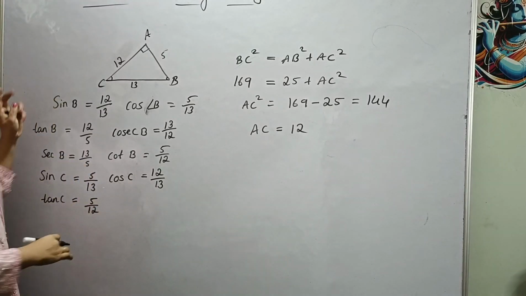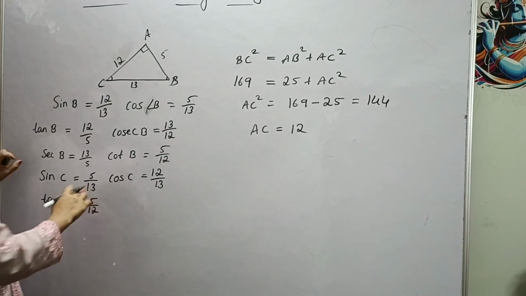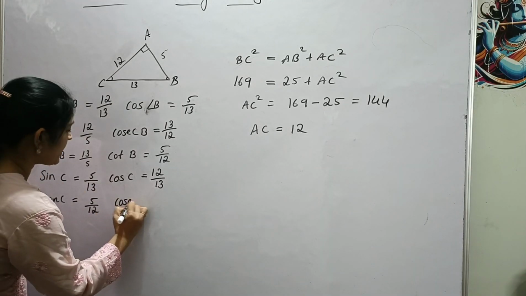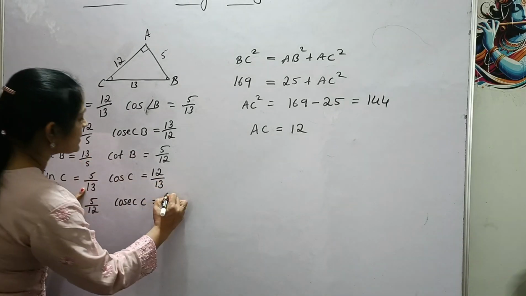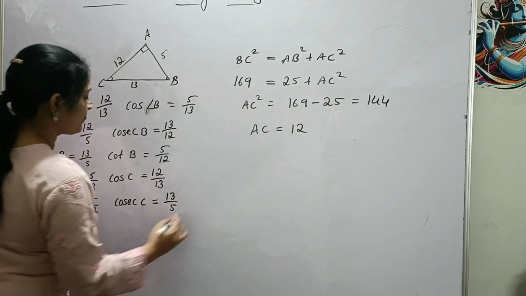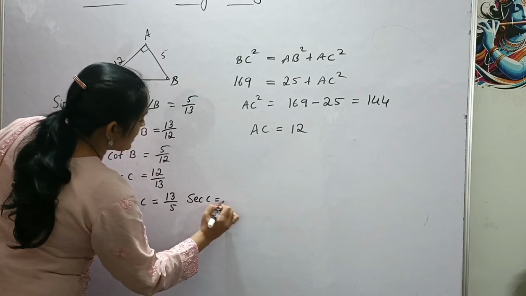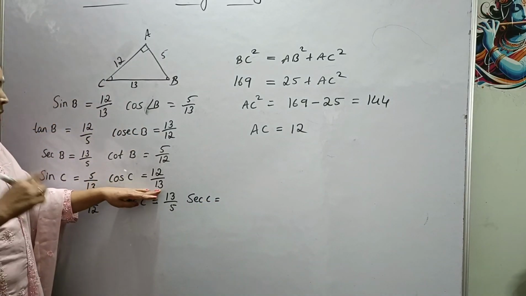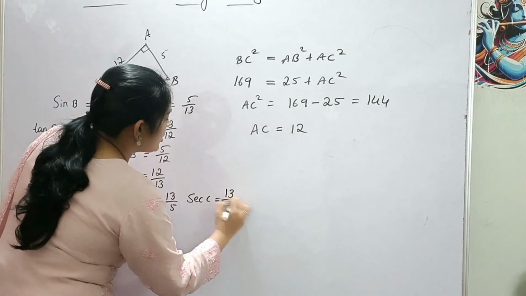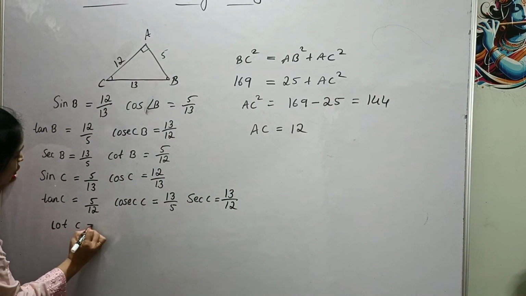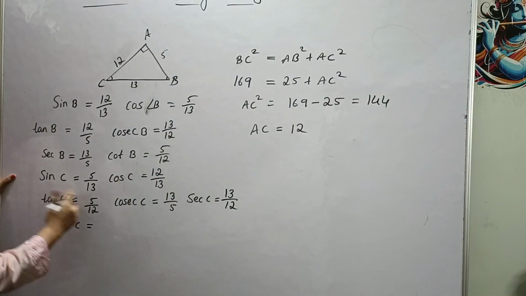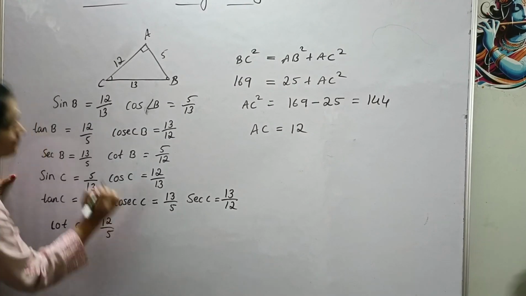After that, the other three trigonometric ratios. Cosec C is equal to the reciprocal of sin C, that is 13 divided by 5. Sec C is equal to the reciprocal of cos C, 13 by 12. Cot C is equal to the reciprocal of tan C, that is 12 by 5.